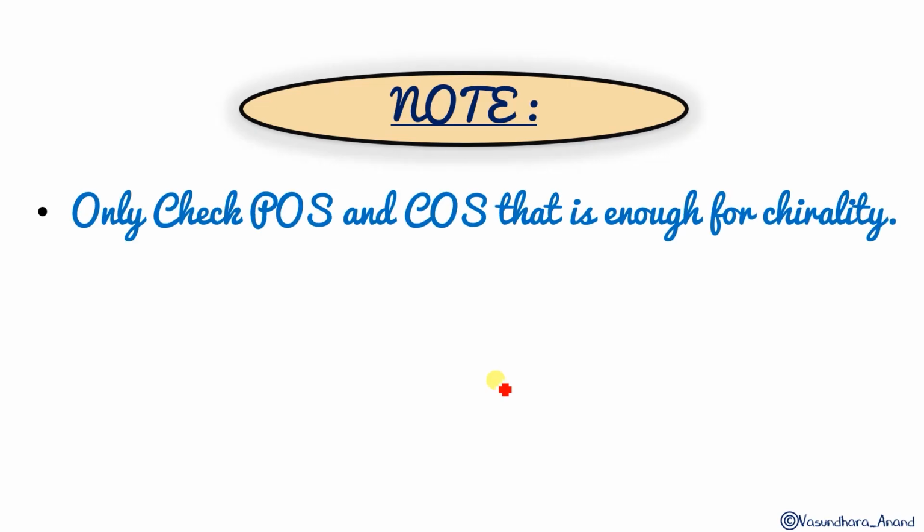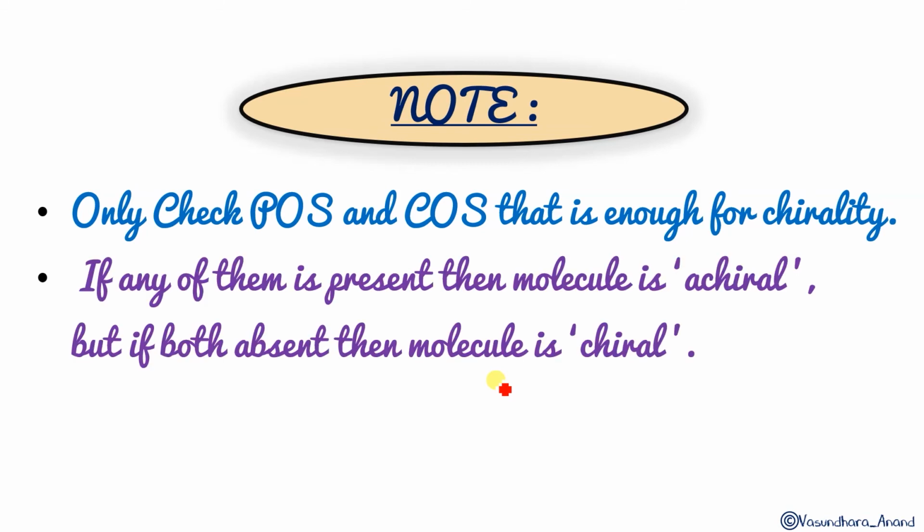Now note, to check chirality we have to check only POS and COS. That is more than enough for chirality. If any of them is present, then the molecule is achiral. If it is not like that, we have to find both the POS and the COS. If a plane of symmetry or a COS is present, either one, the molecule will be achiral and it will not show optical activity.